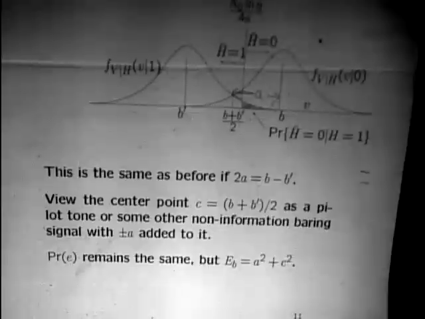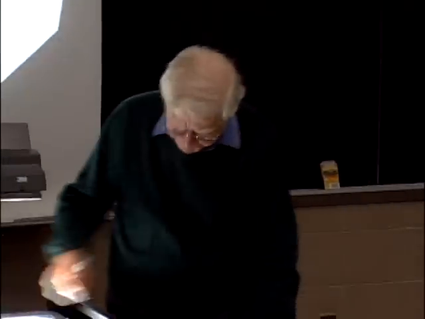So it's costing you 3 dB to do whatever silly thing you want to do for synchronization or something else. Which is why people work very hard to try to send signals which carry their own synchronization information in them. And we'll talk about that more when we get to wireless and things like that.